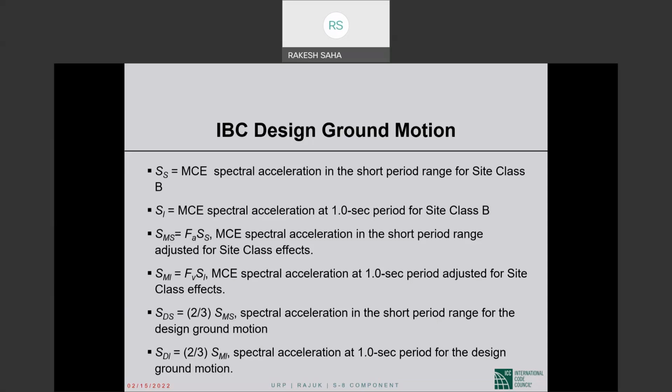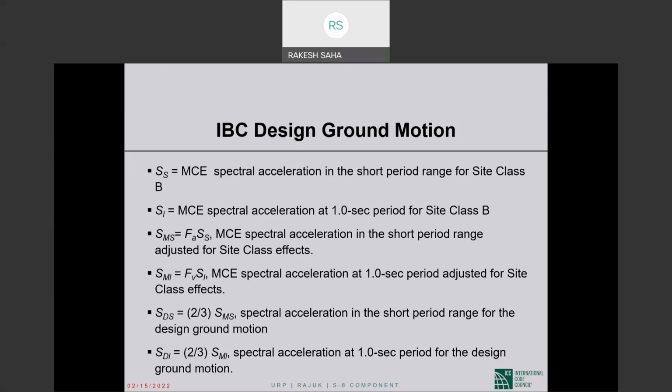We likewise multiply S sub 1 by F sub V, the velocity related acceleration site coefficient, obtaining S sub M1, the soil modified long period ground motion parameter. The difference between S sub 1 and S sub M1 is that S sub 1 is for site class B, S sub M1 is for your particular site class. Both are for the maximum considered earthquake.